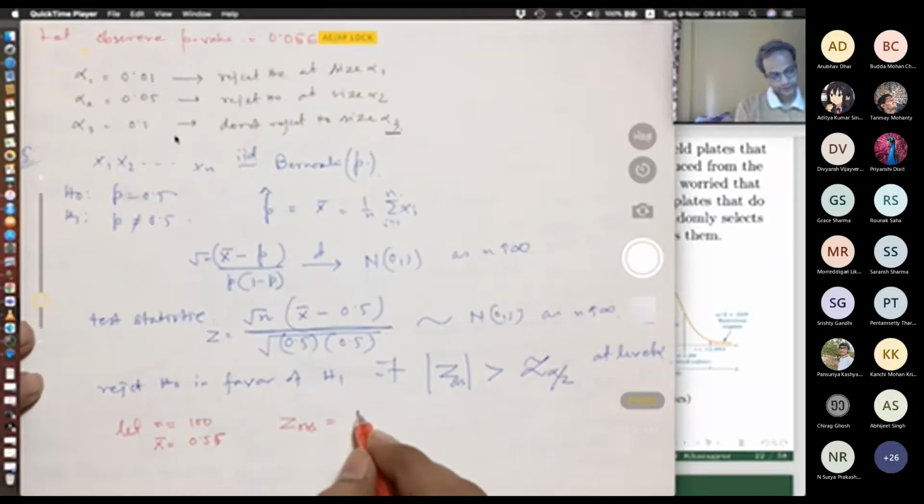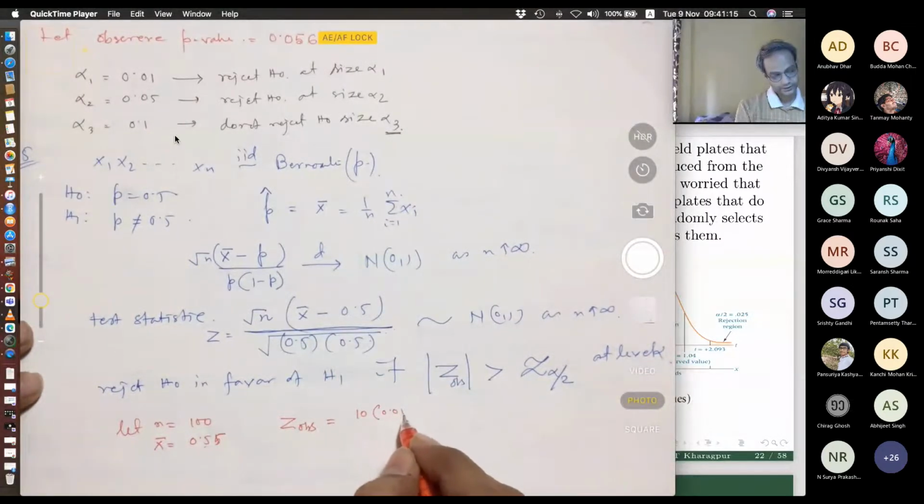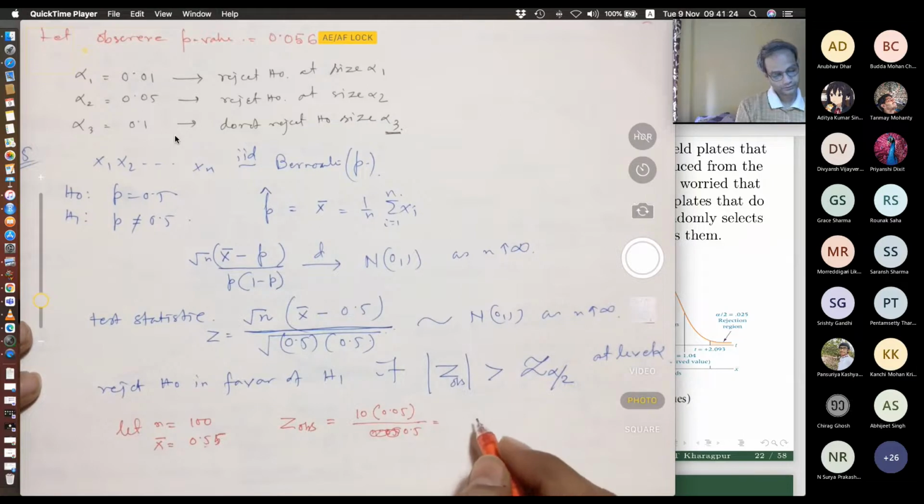So root n is 10. This difference is 0.05 divided by 0.5. So it is 1, right? Yes, sir. And is it greater than z alpha by 2?